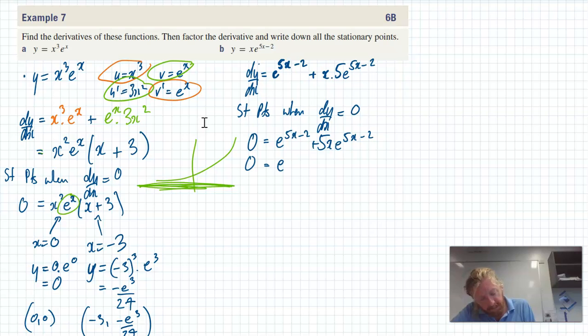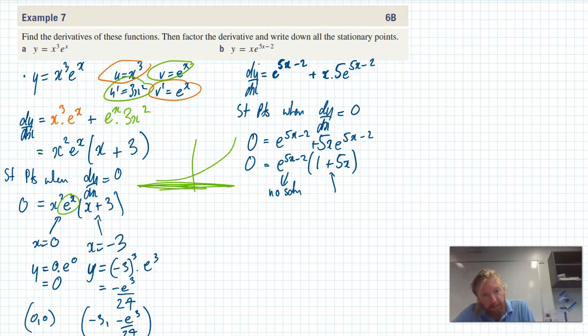Just the e to the 5x minus 2 outside of (1 plus 5x). Now this exponential function here can never be equal to 0, so this is only going to have one stationary point. So no solutions there.